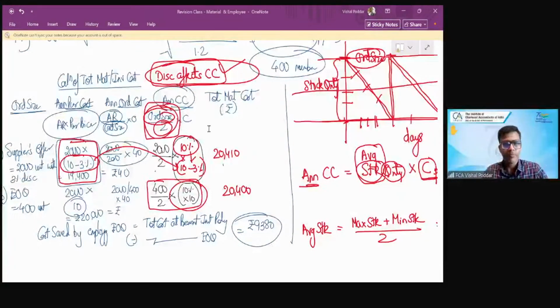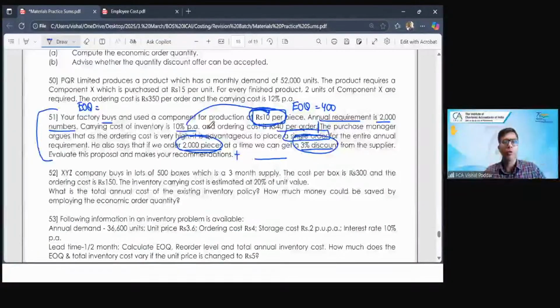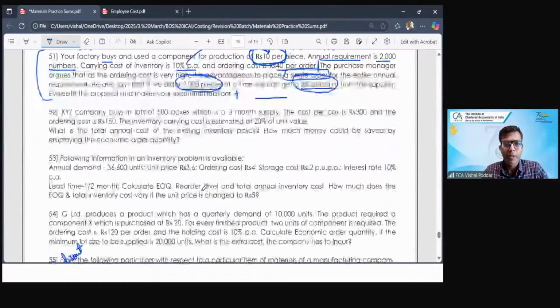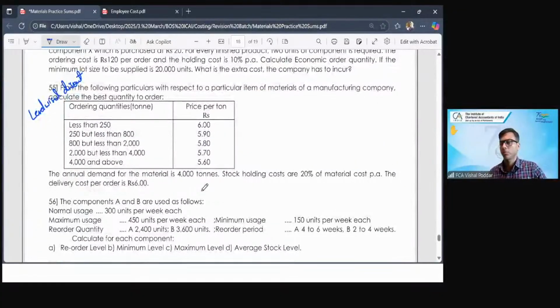Perfect. Excellent. So along with our practical solving and different adjustments, we are also going through some very important concepts. Now, coming to the second type of percentage discount or the discount question. One is where the discount was given as a percentage. When it is given as a percentage, one, you reduce it in your annual purchase cost because that is going to be reduced.